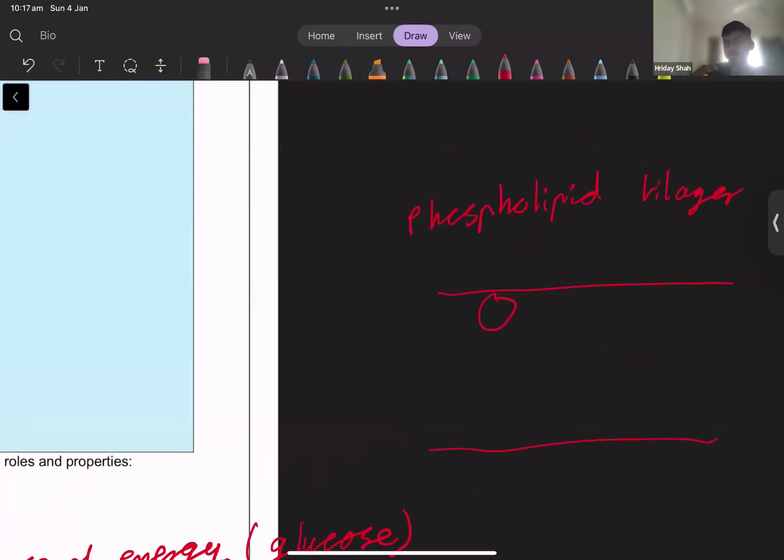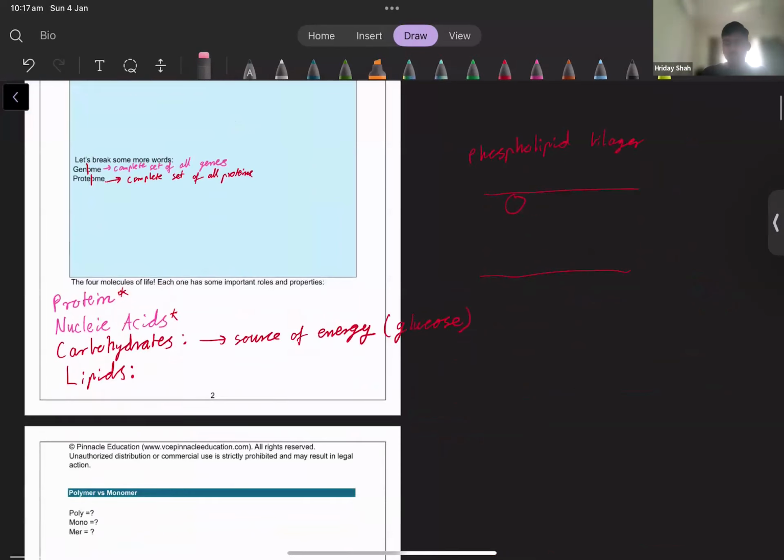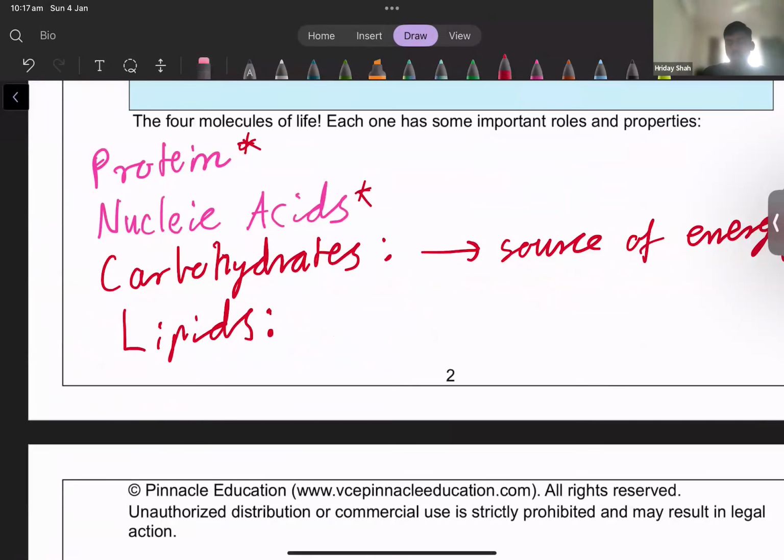Phospho just means phosphate group. Again, phosphate group is a chemistry term. I don't expect you to know that, but you can just understand that it's a lipid with a phosphate attached. So if we know it's going to be part of our phospholipid bilayer, one of its central roles then is controlling the semi-permeability of cells.